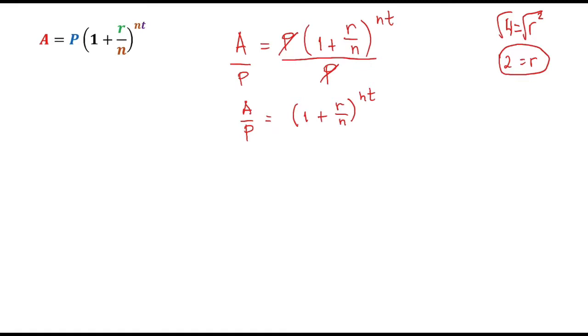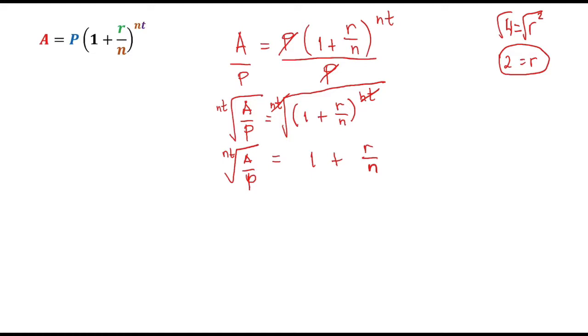So what is the opposite of the power NT? We take the NT root of both sides. So we now have the NT root of A over P is equal to, you can cancel these 2, 1 plus R over N.